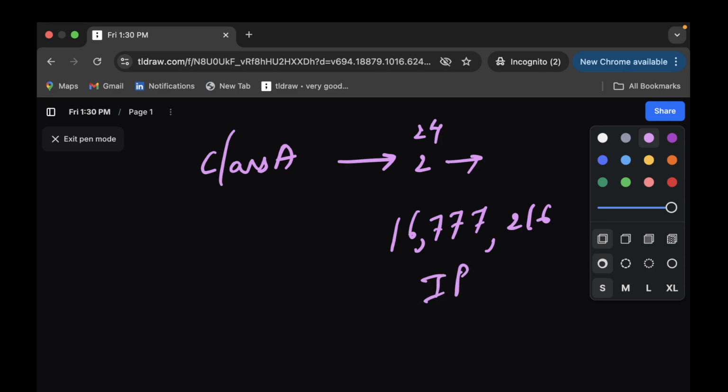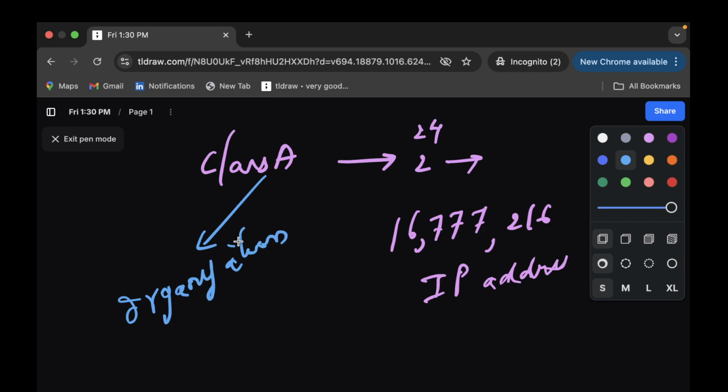So if you allocate this address block to an organization, then the organization has all these IP addresses.